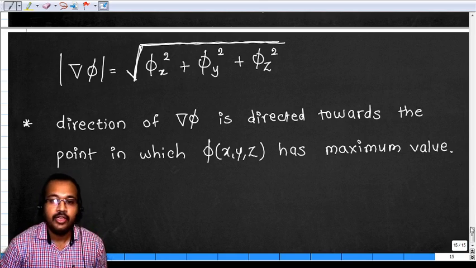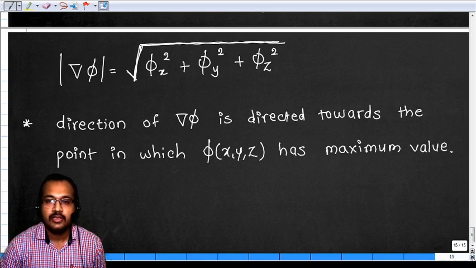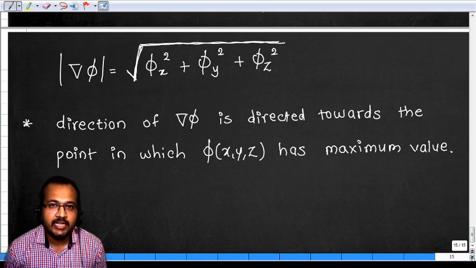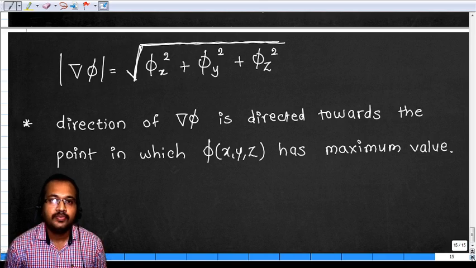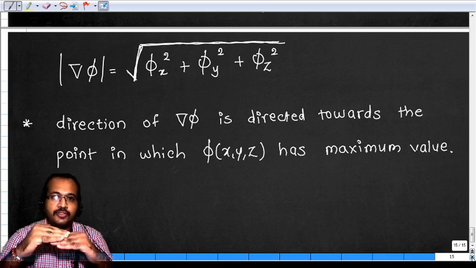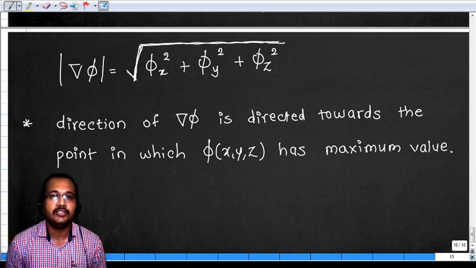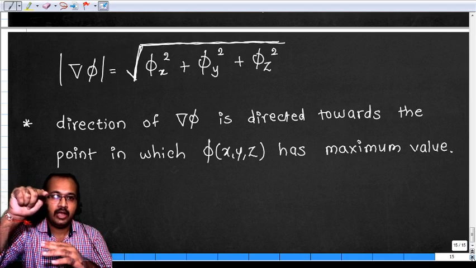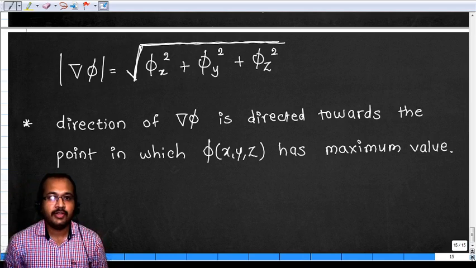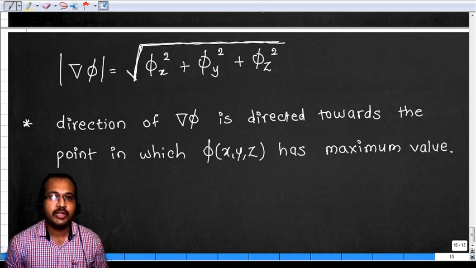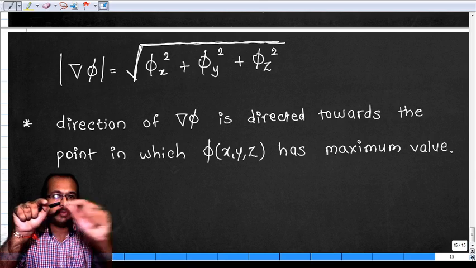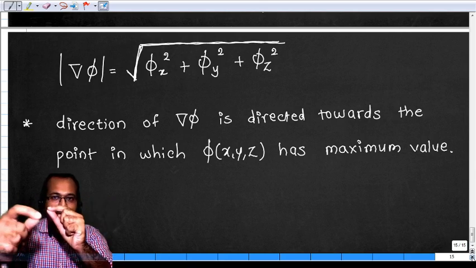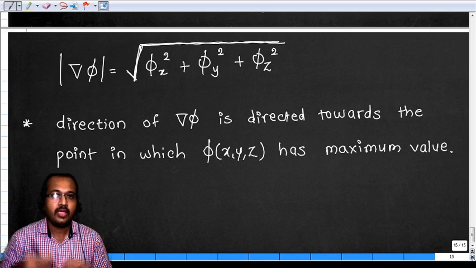For example, if we consider one general case, if phi is the air density of earth, then as from the surface of the earth we go up, the value of air density goes on decreasing. If you consider any point A, at that point A we will get a specific value of air density. Since it is a scalar function, we can find the partial derivative of that air density with respect to x, y, and z. Collect those partial derivatives together and prepare one vector.